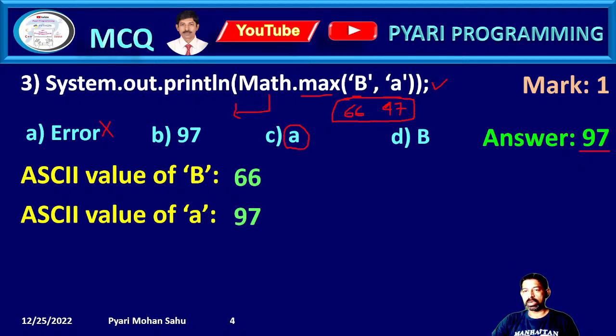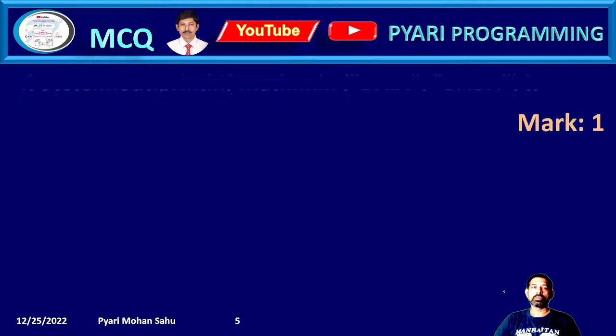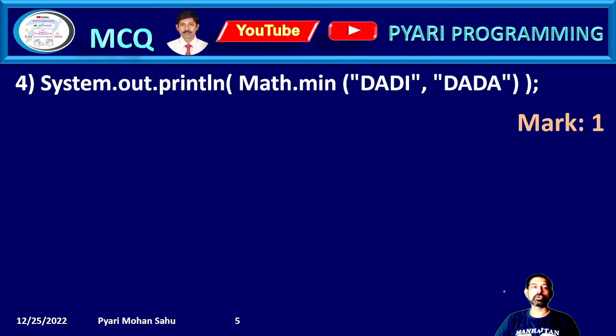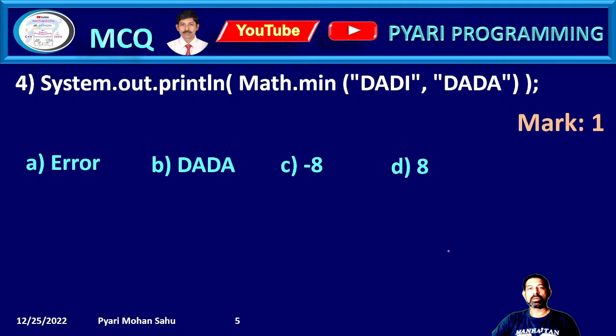Hope everybody has understood. Give me your confirmation after each question. Have you understood or do I need to explain it a little bit more? So we have the next question: System.out.println Math.mean. Now instead of max, it is using the mean function. Again it is passing two parameters.